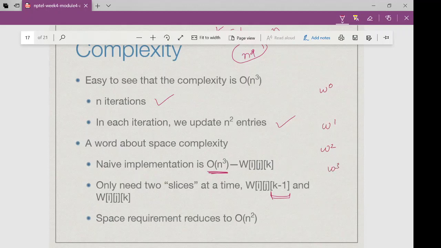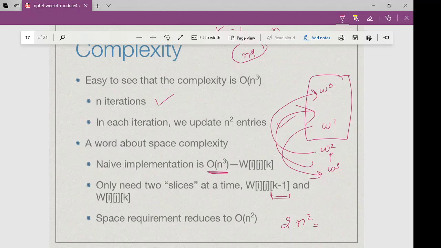When we are at w3, we only need w2. So at any point of time, you can keep 2 of them and override. When you are computing w2, we don't need w0, so you can override it, and you can go on in this way. In that case we need 2 times n square, that is order of n square space complexity.